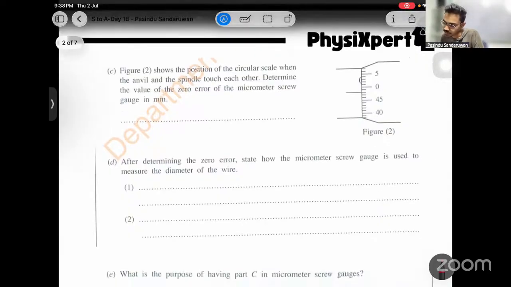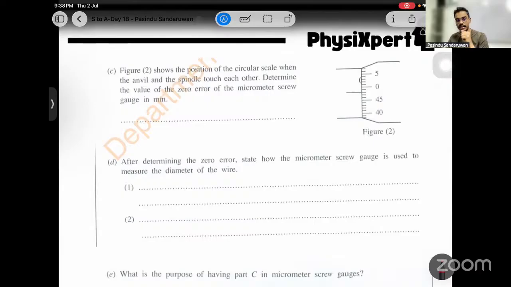Figure 2 shows the position of the circular scale when the anvil and spindle touch each other. We know zero error is checked by touching the anvil and spindle to each other. Determine the value of the zero error in millimeters. If zero is above the center line, that is a negative error.